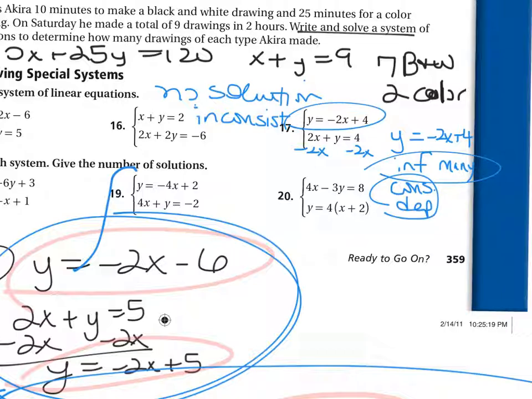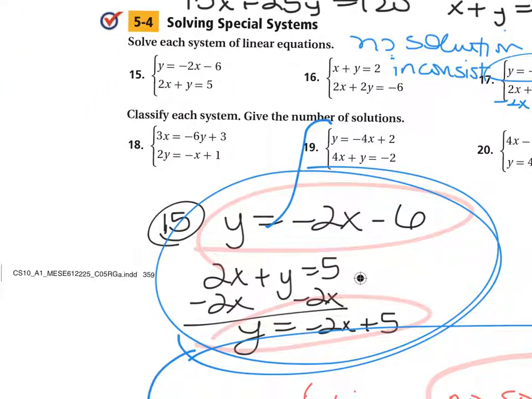For number 18, again, you will have a question like this where you will have to rearrange both equations. Some of them only one, but some of them both. Okay? None of them are already fixed for you. You have to work for all of them. And you need to show me the new equations. You have to show me the work or you're going to lose credit.